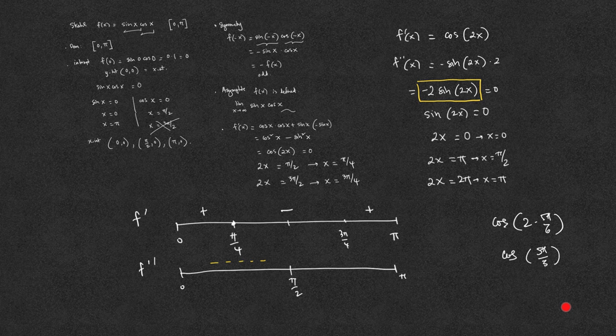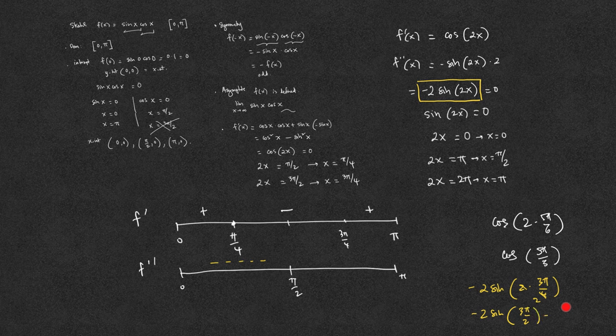So the second derivative is negative on the interval 0 to pi over 2. Pick a number between pi over 2 and pi, 3 pi over 4 for instance. Plug it in there. We see that for the second derivative, negative 2 times sine of 2 times 3 pi over 4 is negative 2 times sine of 3 pi over 2.